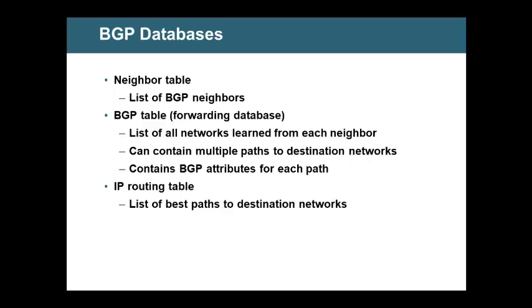Just put show ip bgp. You will see the BGP table, which has all the networks that are learned and advertised through and by BGP, and then the attributes attached to them.